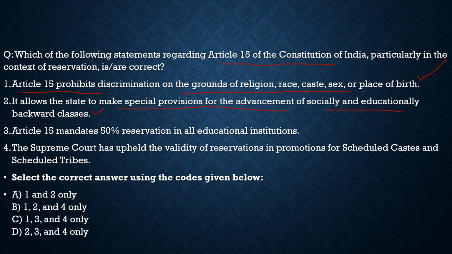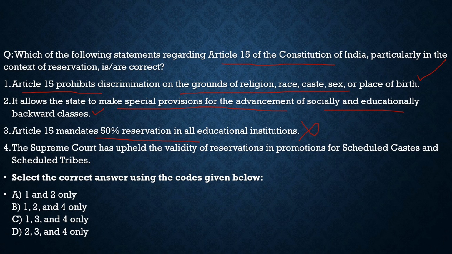Statement 3, Article 15 mandates 50% reservation in all educational institutions. Totally incorrect. The word reservation is never mentioned in the Constitution itself, but we can trace reservation from Article 15. So 50% reservation is totally not mentioned there.